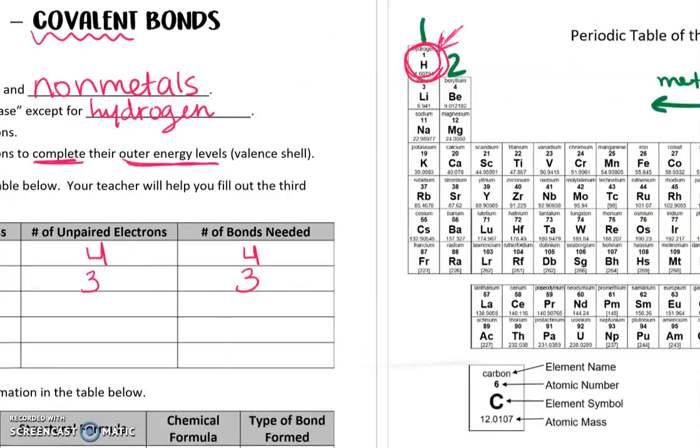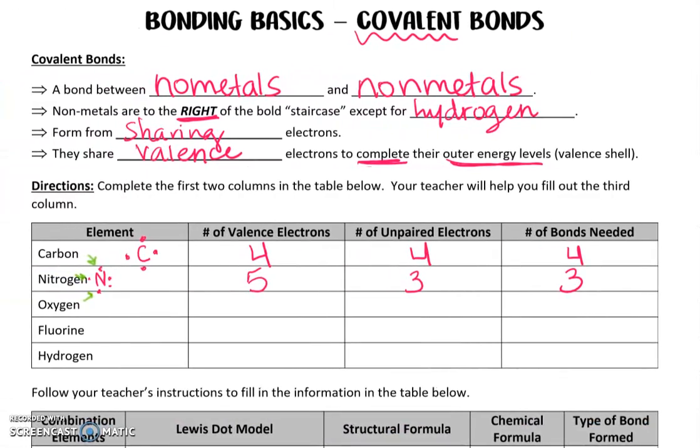Oxygen, part of group 6. It has 6 valence electrons. So oxygen, its Lewis structure would look like this. And it has 2 unpaired electrons, so it can only make 2 bonds.